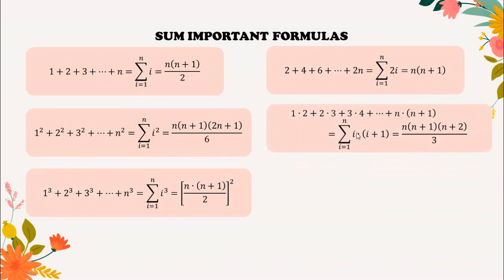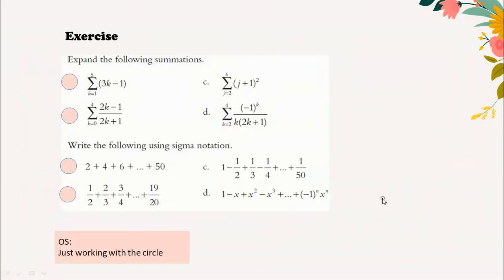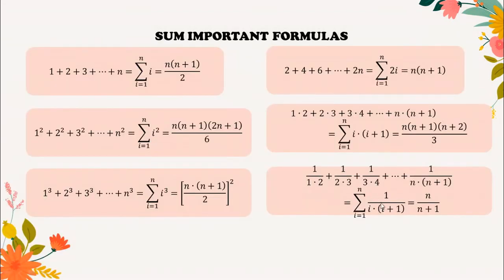How about the general term e times e plus 1? The sum is n times n plus 1 times n plus 2 over 3. And the last one is sigma e equals 1 to n of 1 over e times e plus 1, equal to n over n plus 1.